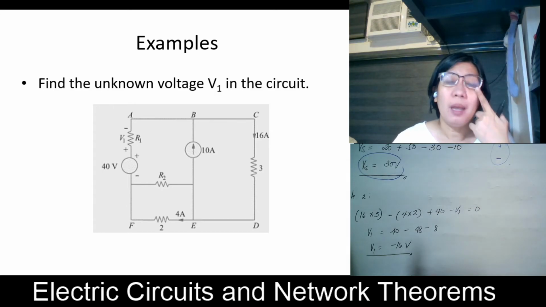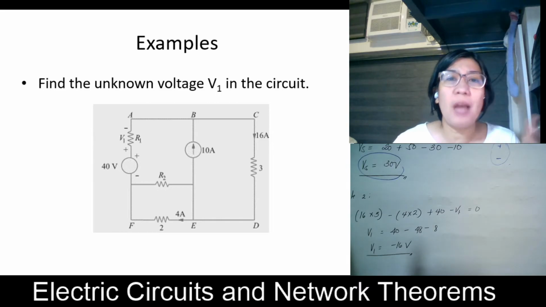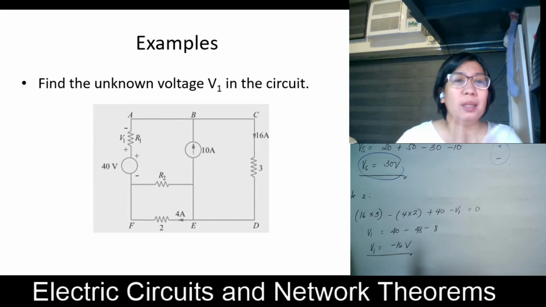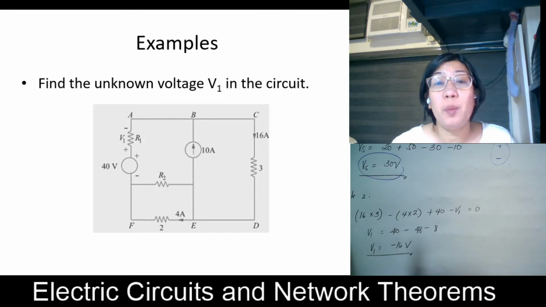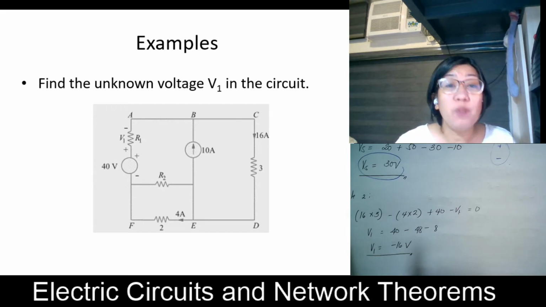But if we follow the loop, there are two unknowns, R1 and R2, and we don't know the current. You might be wondering whether this is a difficult type of problem. Actually, this is very simple, class.